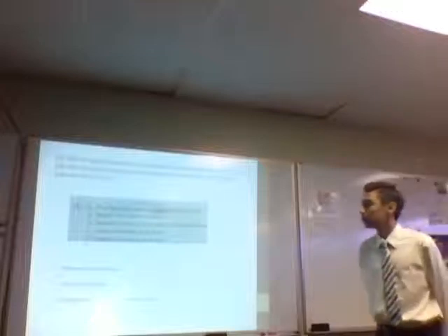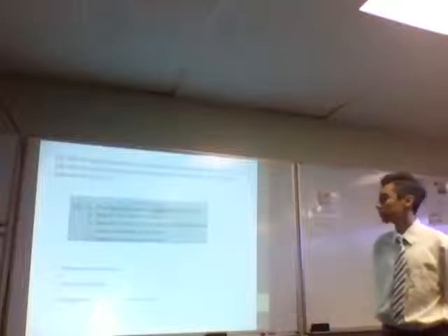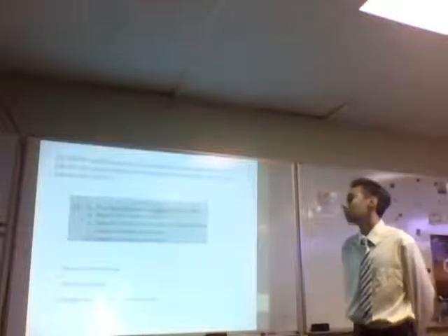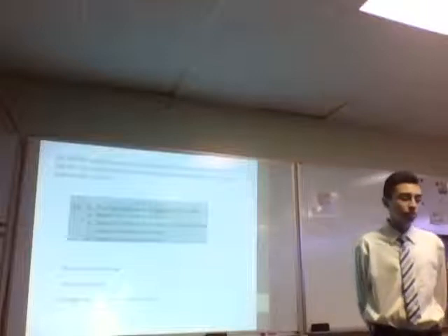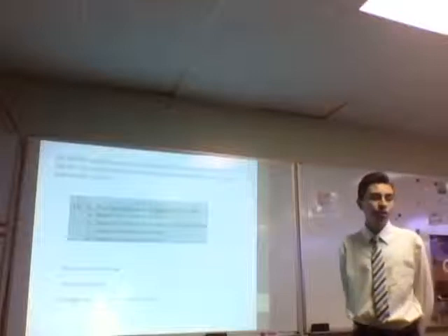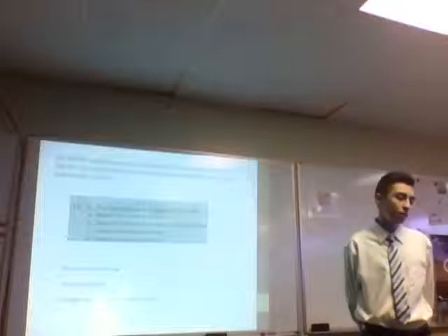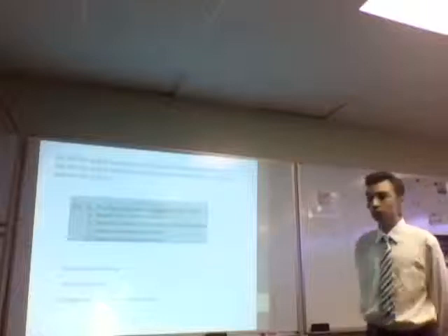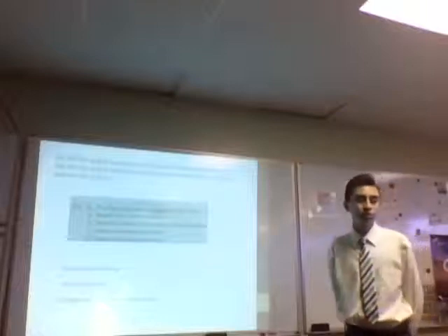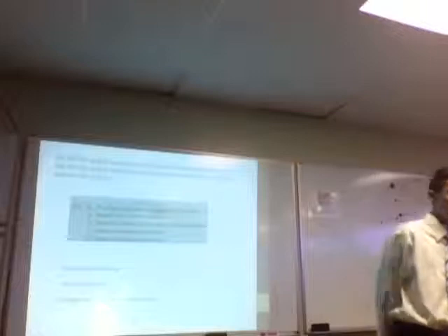And this is 2C. Very large nuclei tend to be unstable because of the repulsive forces between protons. So since protons are both positive, they repel each other because they're the same. And the neutrons are neutral. And the smaller the nucleus is, the more stable the atom will be.